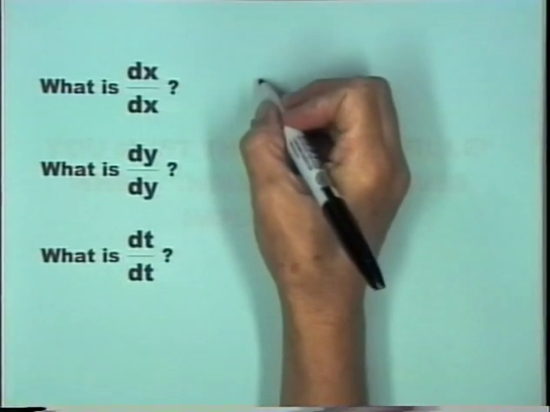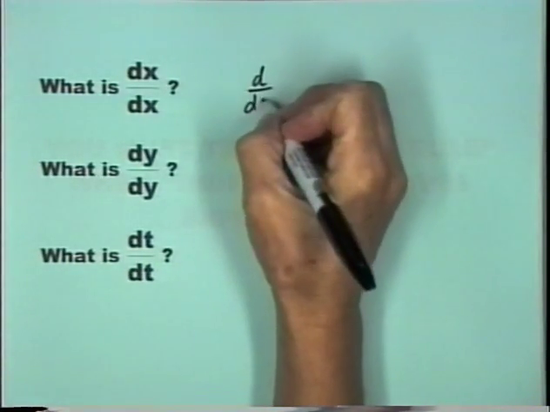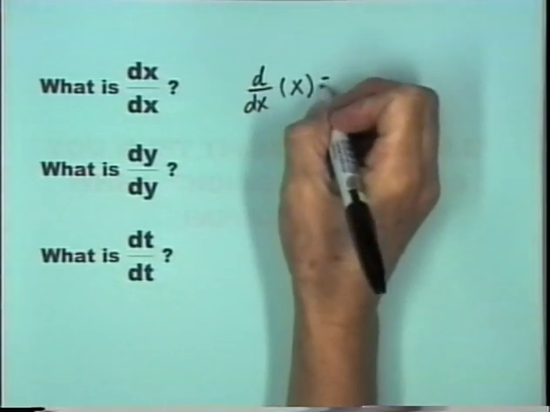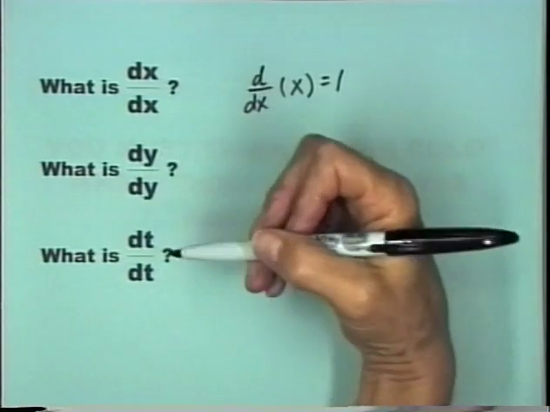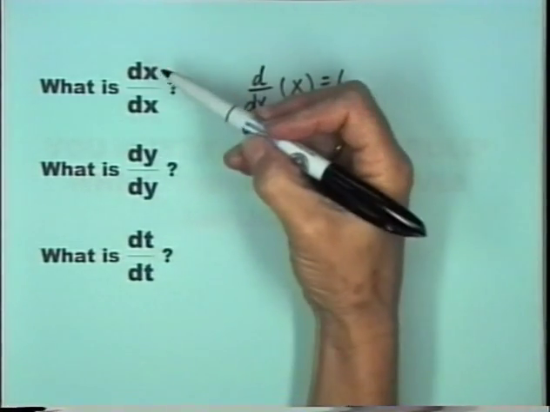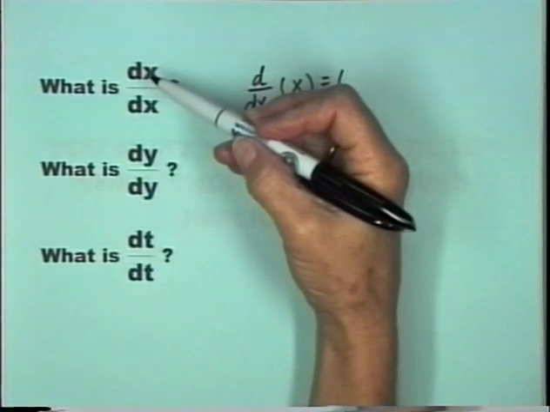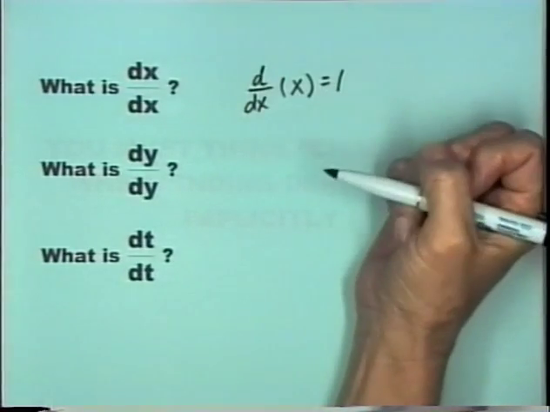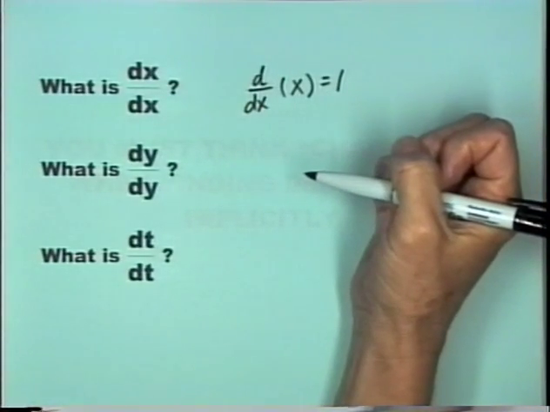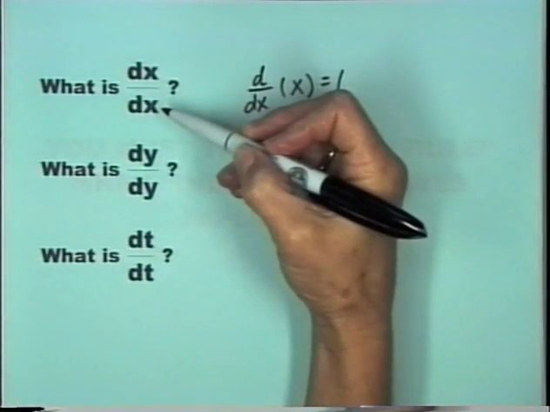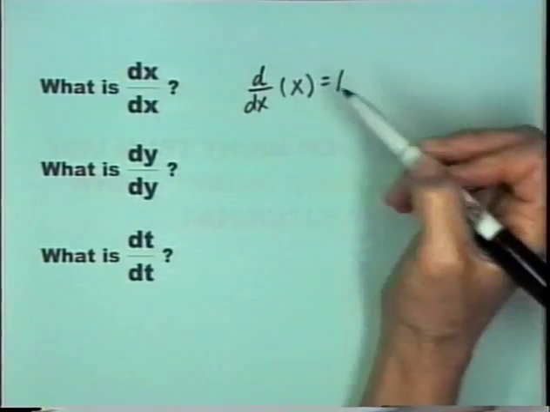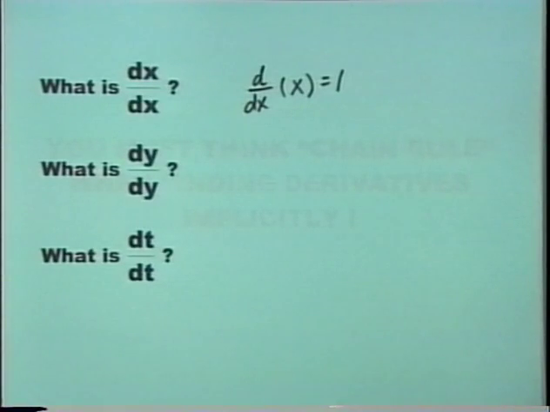You might recall the formula: the derivative with respect to x of x is 1. The same thing will happen here, and here. And of course, it's just like you learned early with fractions: if the numerator and denominator look alike, that's 1, isn't it? Anytime you take the derivative of a variable with respect to itself, you always get 1.